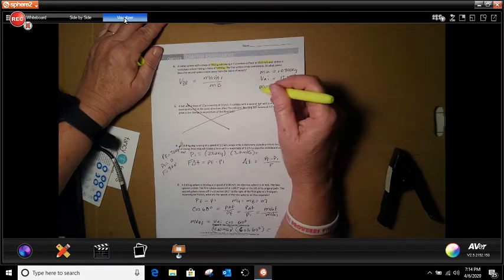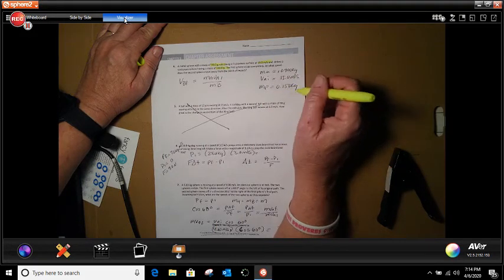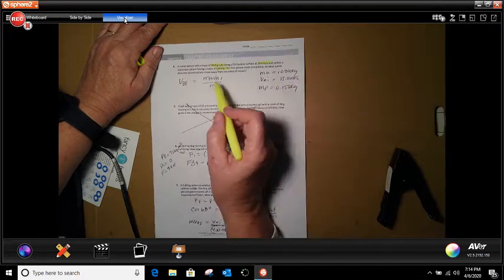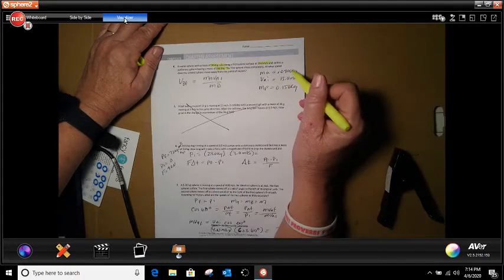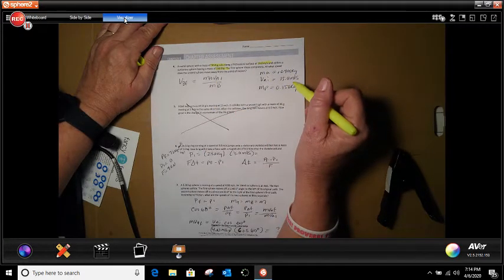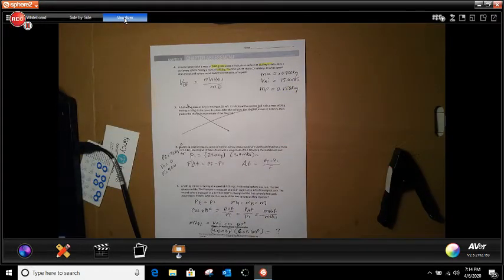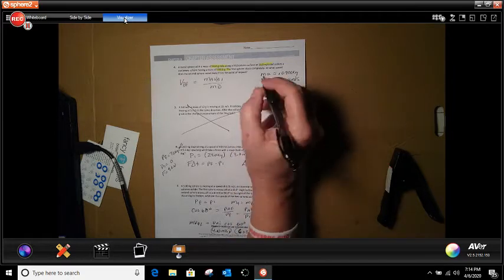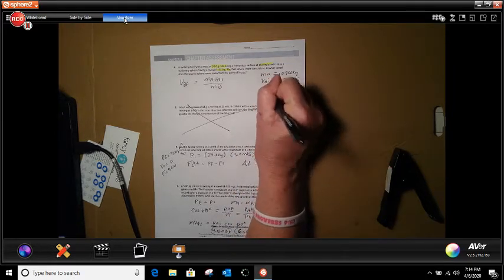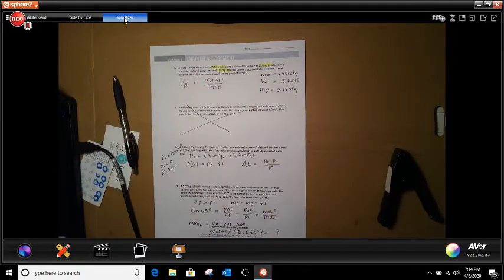That's the mass of my sphere, which I changed to kilograms. The first sphere stops suddenly, at what speed does the second sphere move? So you're going to take mass A times your velocity A1 divided by your mass B. I'm going to put this down as my mass B so that you'll know. Okay, you just put it in here.